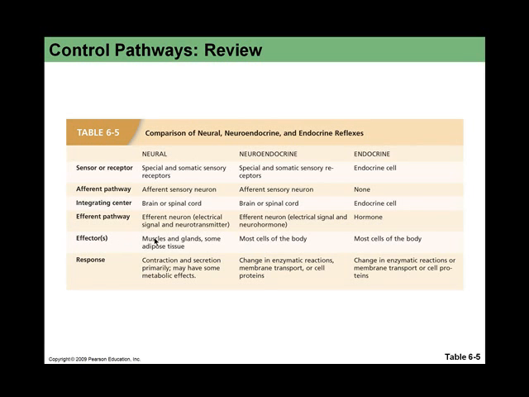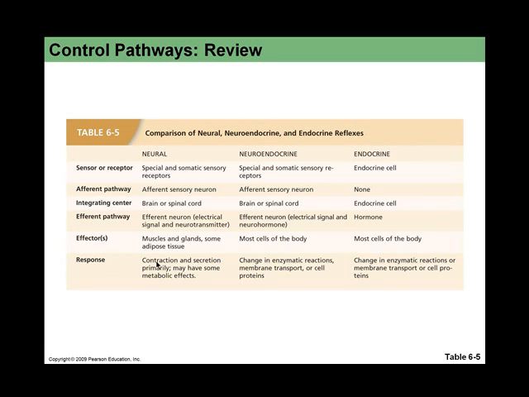The effectors, for the neural, are typically muscles and glands, sometimes the adipose tissue. The neuroendocrine, you just have to think of most cells of the body. As we get into more details, there's some selectivity, but in general, the entire neuroendocrine system is going to have effects on most of the cells of the body. The endocrine as well, in most cells of the body.